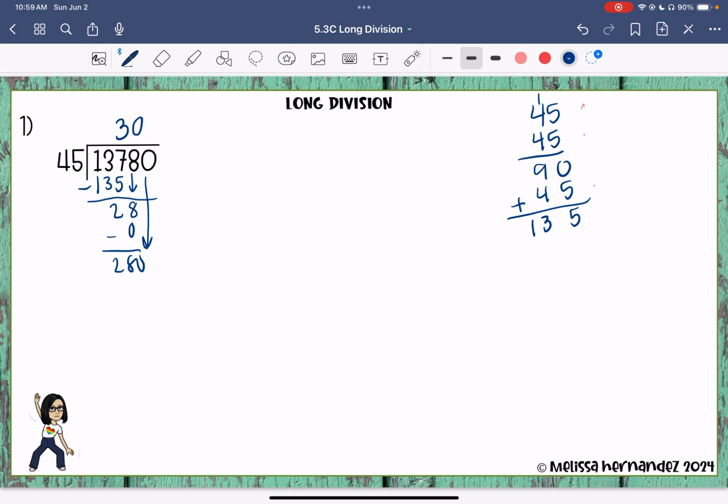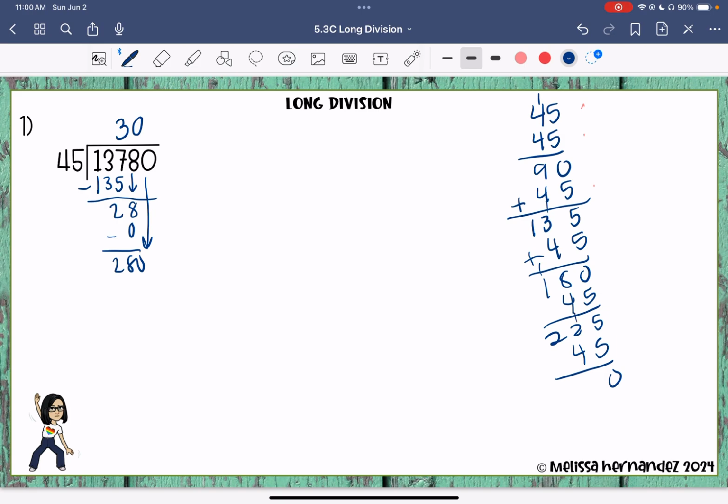So I'm going to go ahead and continue here at the bottom. Some of you probably realize there's an easier way to do it, but I want to make sure that you're comfortable. So I'll just keep adding. So now I got up to 180. I can get closer, so I'll add another 45. I'm at 225. I want to try to get a little closer. If I go over, that's fine.